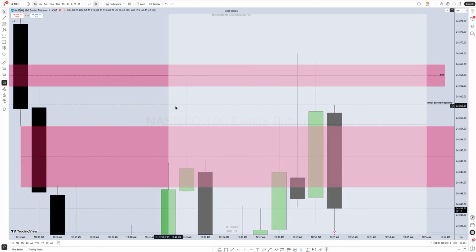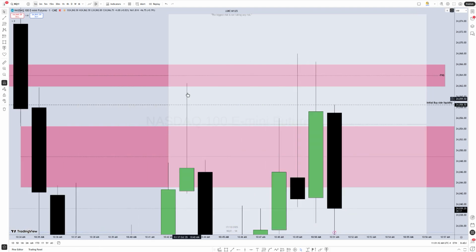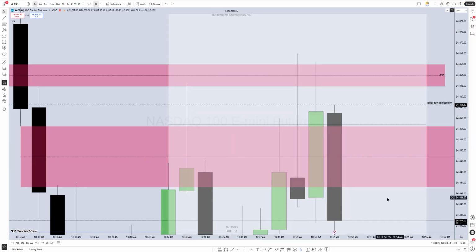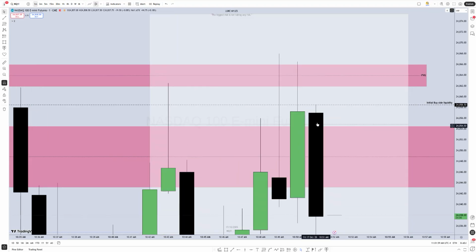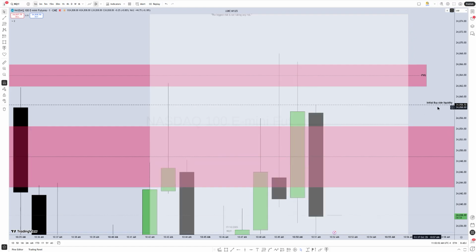Note how the market is using this level. Tap that, wicks do the damage, we drop, come back, top of this fair value gap, then we rally higher into this. As long as the market is trading above the price and disrespecting the fair value gaps with the wicks, but the bodies are staying and respecting the initial buy side liquidity.